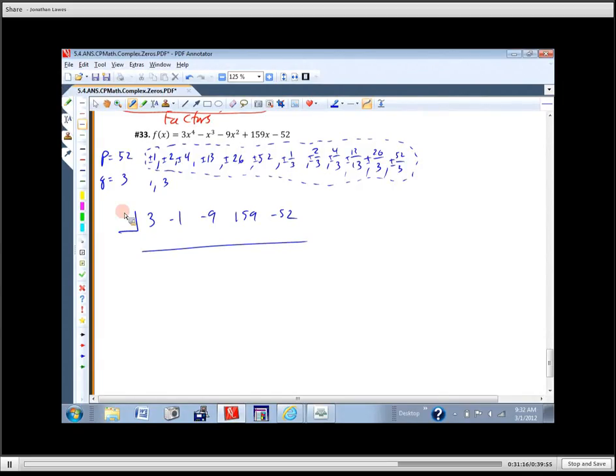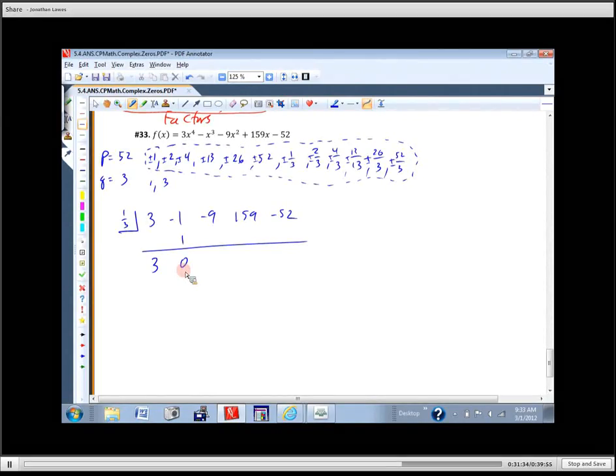John thinks 1/3 is going to work. We could go through that entire list. Let's try 1/3. Okay, now we've done synthetic division with fractions before, and usually it looks really awful, but let's check and see what we get here. So this is going to be a 3. 1/3 of that is 1. We're going to add those together and we're going to get a 0. That's a 0.